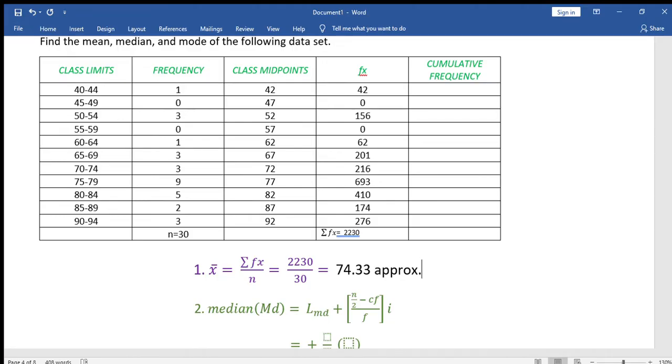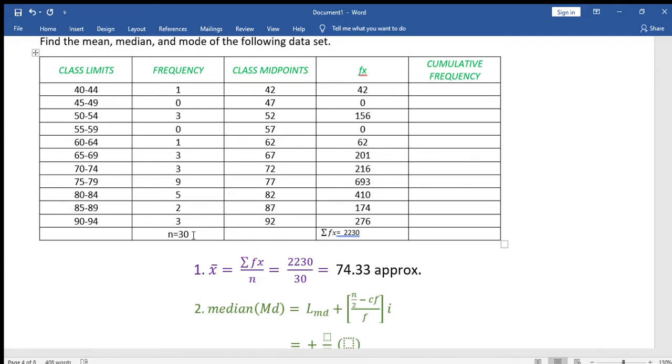So we have 74.33. If we are going to interpret the meaning of this 74.33 as the mean of our given data set, this means to say that, let's say, out of 30 students who took a test in math in the modern world, out of 100 items, all their scores are being represented by one common score, and that common score is 74.33.